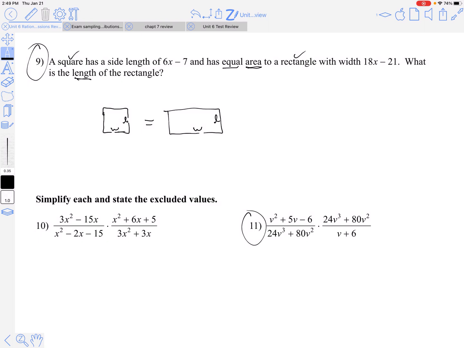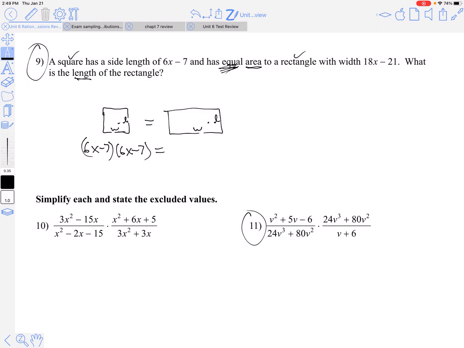But when we multiply those two together, it'll be the same because they're equal. Okay, so let's analyze this square. We have 6x minus 7 is the length, and so we need the width, but because it's a square, it's actually the exact same. So length times width, 6x minus 7 times 6x minus 7.